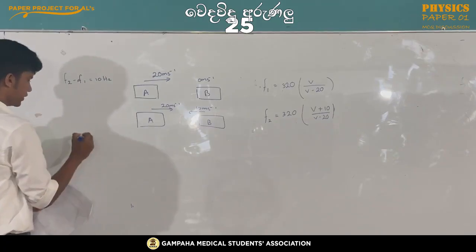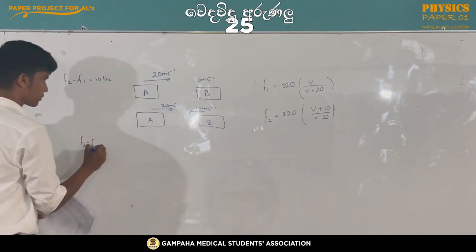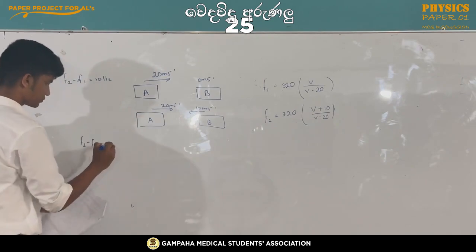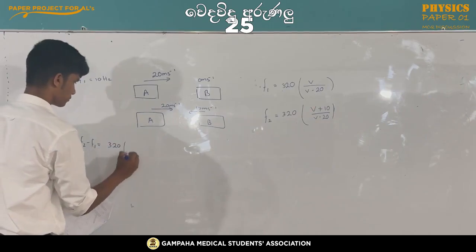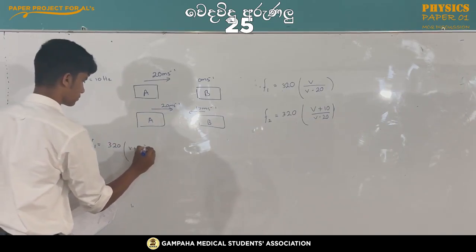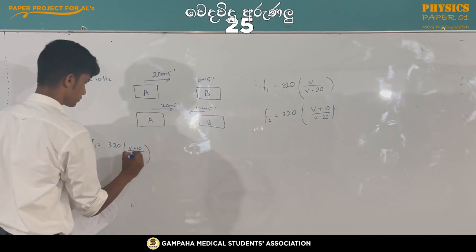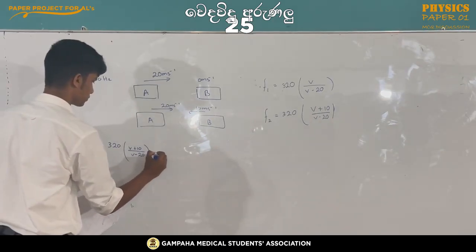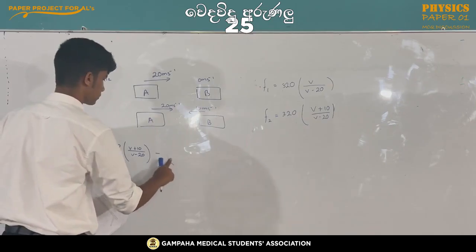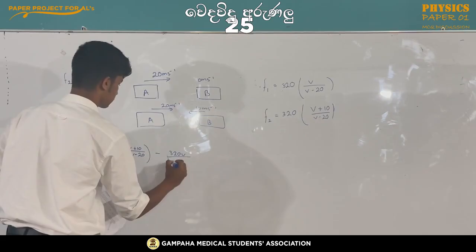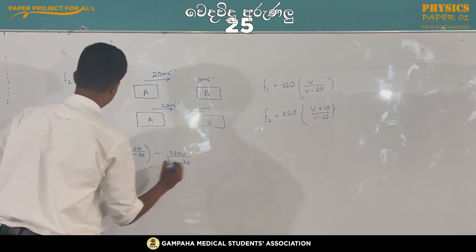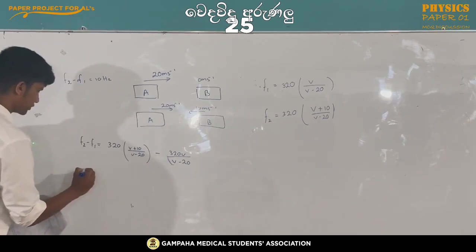F2 minus F1 is equal to this, which is equal to 10 Hertz.